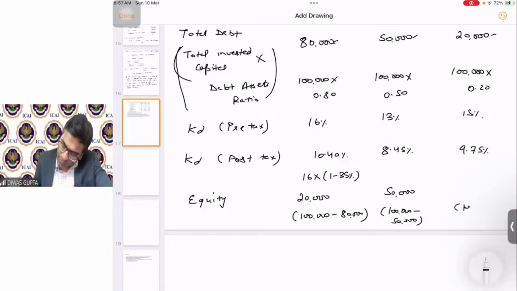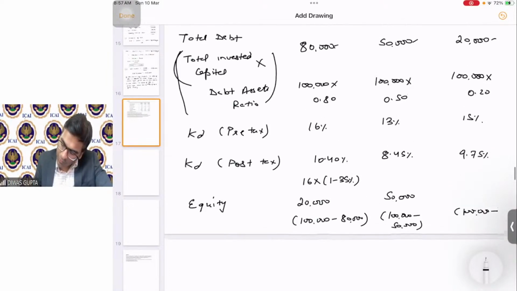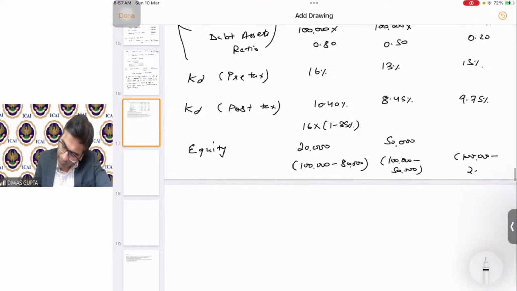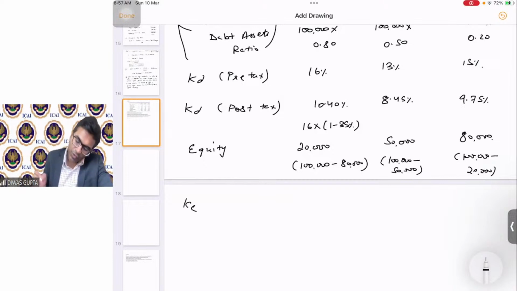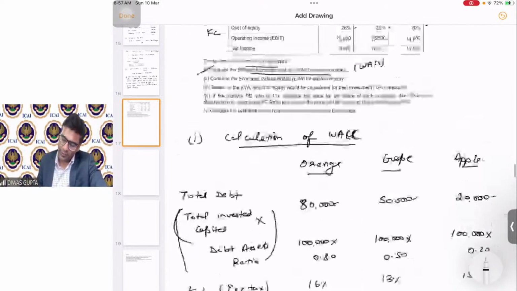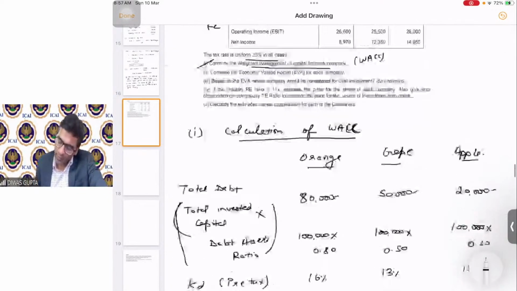Then here it is 1 lakh minus 20,000. So this will become 80,000. Cost of equity is how much, students? Cost of equity is straight away given in the question. Yes. 26, 22 and 20.